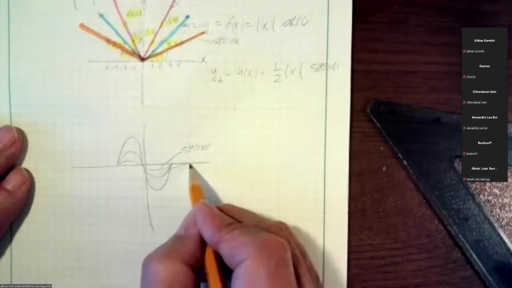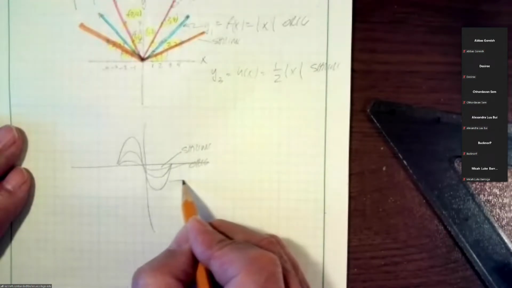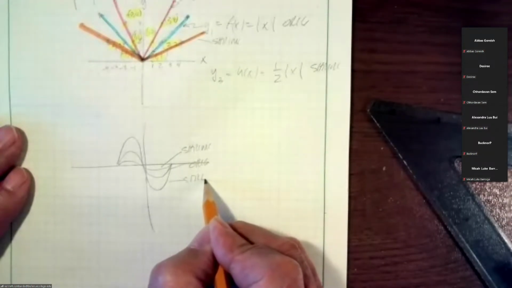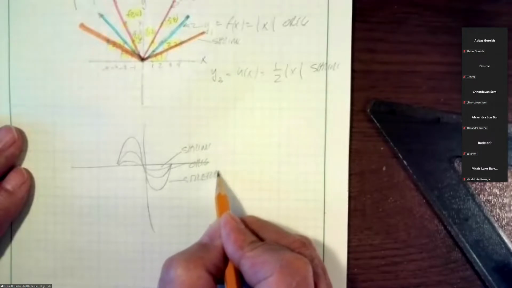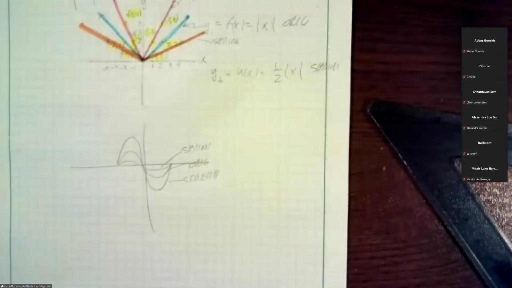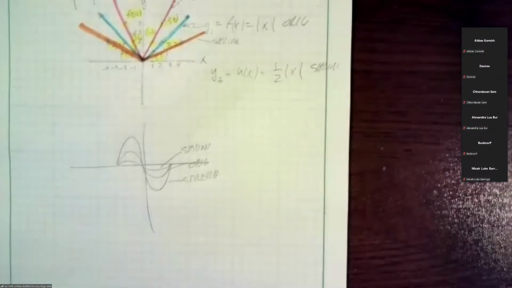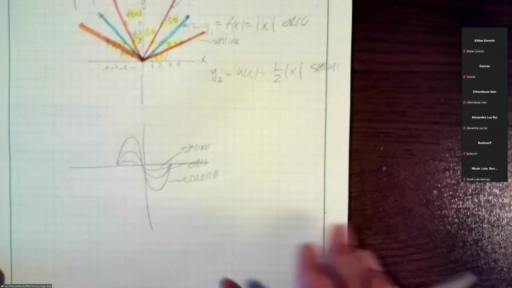Here would be the original curve, and here's the stretch curve. Okay, everybody okay with that? Everybody see what we're doing there? We're just increasing or decreasing the vertical value. So that's stretching and shrinking.